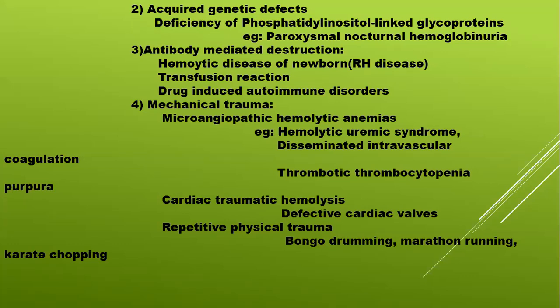There is microangiopathic hemolytic anemias due to hemolytic uremic syndrome, disseminated intravascular coagulation, thrombotic thrombocytopenic purpura. Cardiac trauma, which causes hemolysis, are defective cardiac valves.